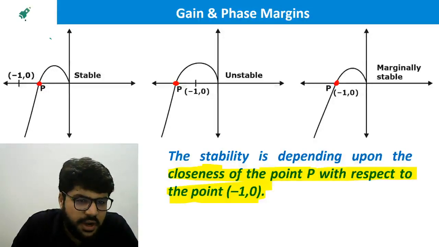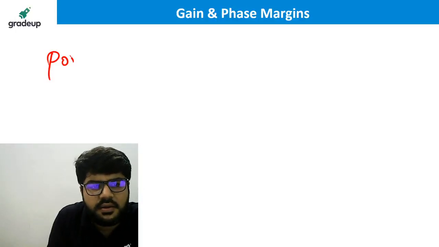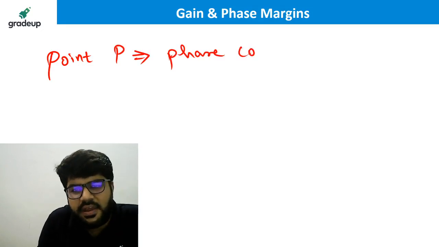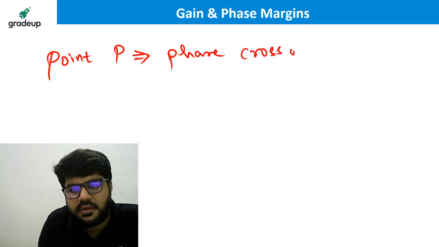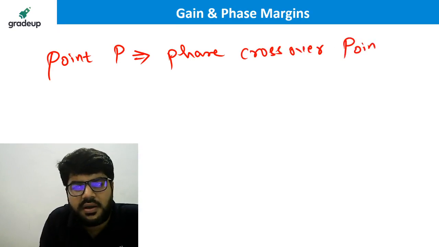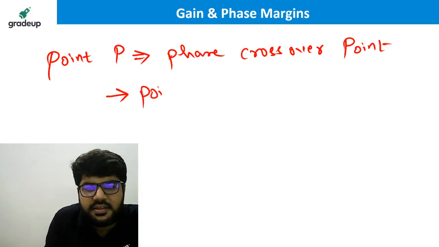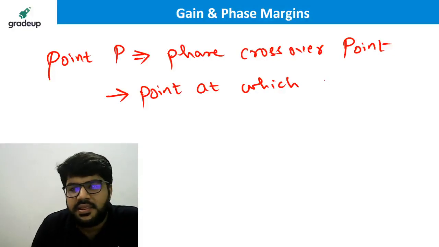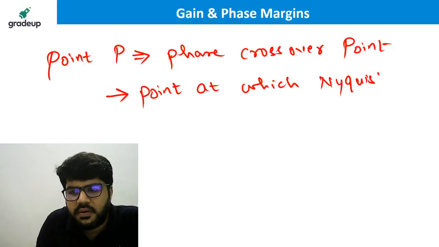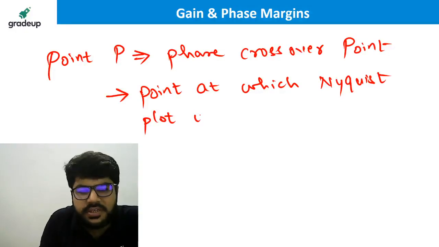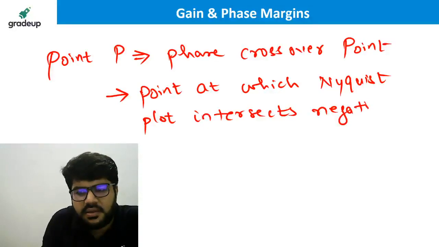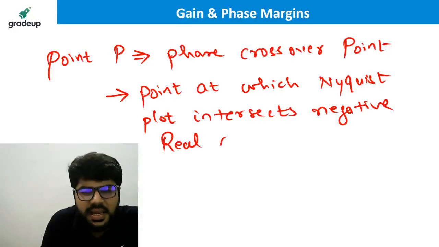Okay, and I will give this point P a special name here. I will be calling point P as a phase crossover point, that is the point at which the Nyquist plot intersects the negative real axis.